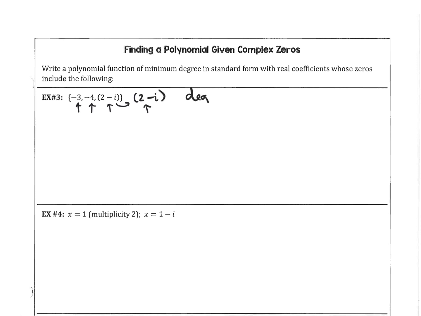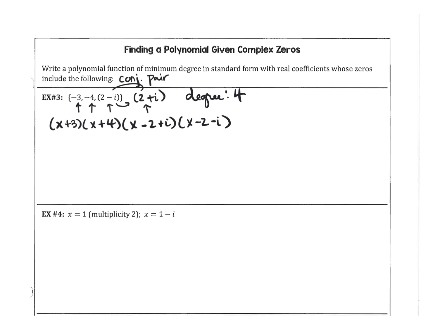So we have a degree of 4. Now all we have to do is put them into their factored form. So negative 3 becomes x plus 3. Negative 4 becomes x plus 4. This becomes x minus 2 plus i. And then we have x minus 2 minus i, conjugate pairs. So this is a conjugate pair.